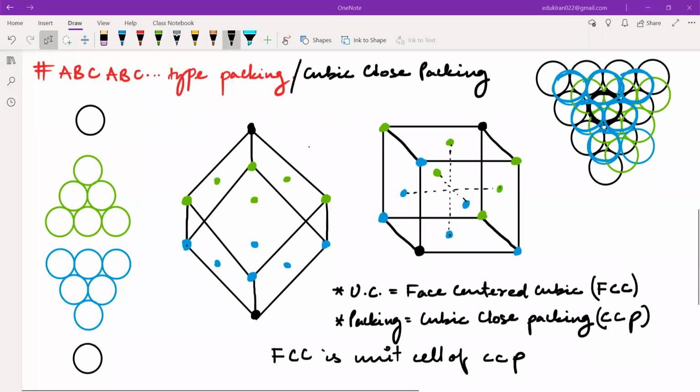Also, I want your focus one more time in this portion. All these three atoms are touching, and all these three atoms are touching.